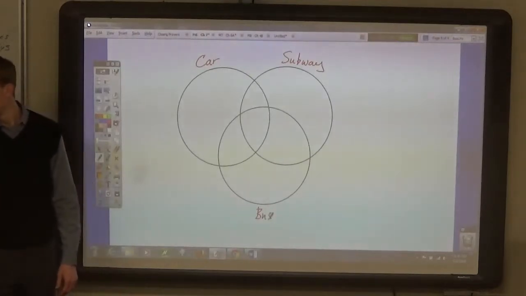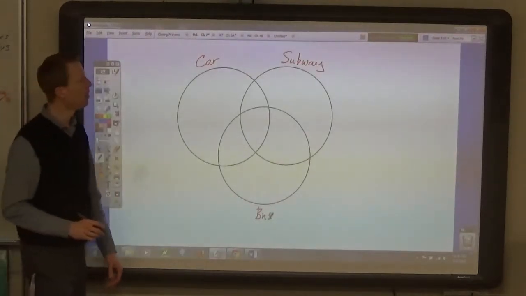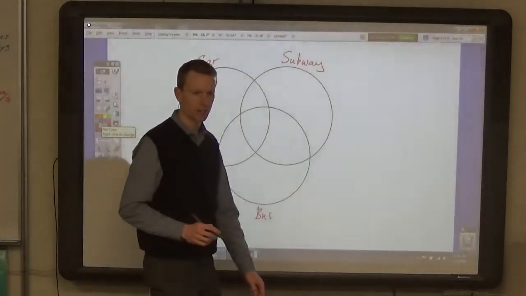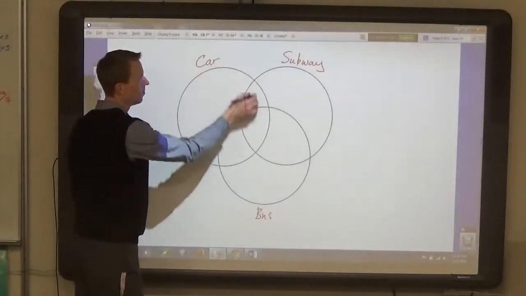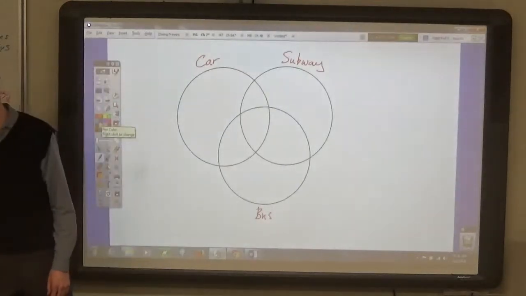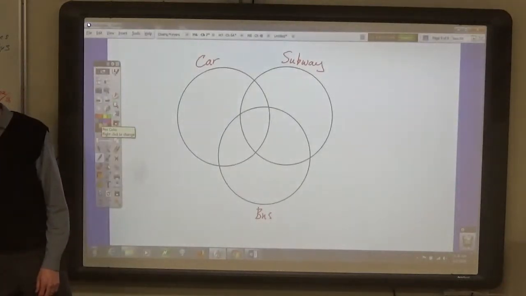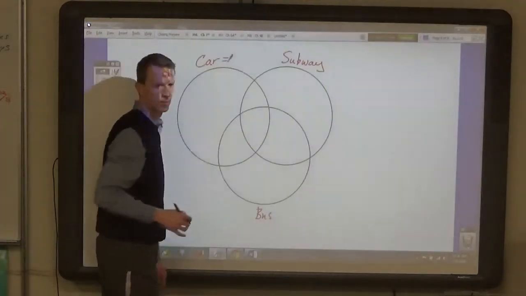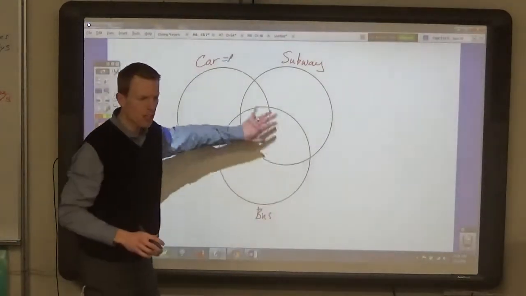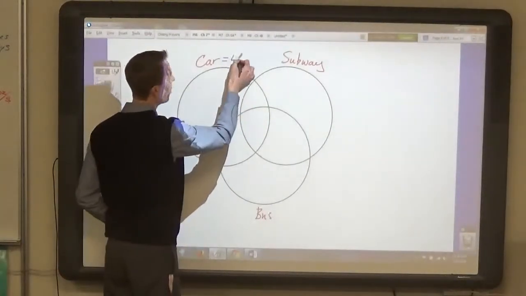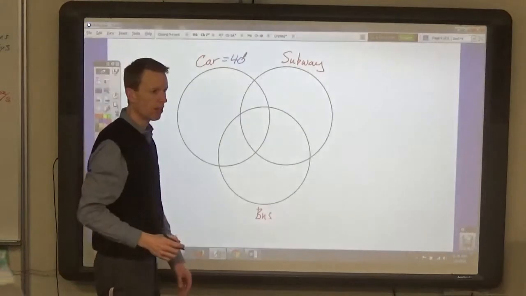Now, it says how many use each. How many use the car transportation, Alex? How many use the car? This is one that you should copy. This one's going to be on the test. 40. Okay? So 40 people total use the car.